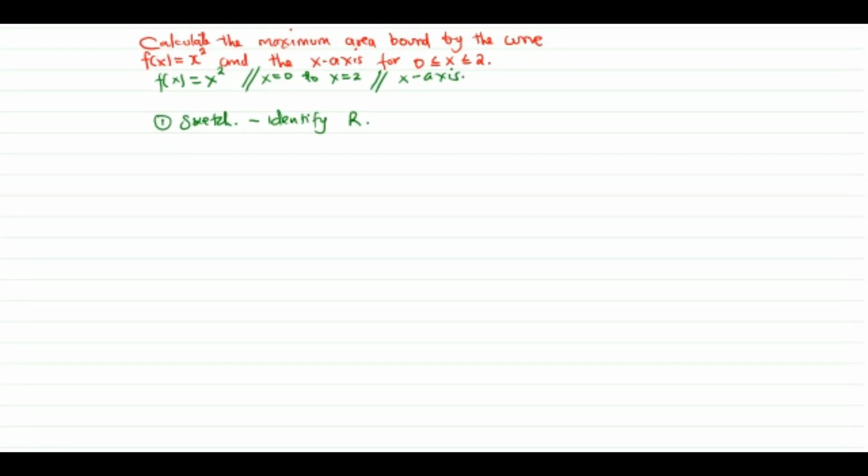I want to call that R, to identify the area of interest. After sketching, we are going to calculate the area, and this calculation is going to be by way of integration. So two basic steps there: sketch to identify the area of interest and calculate by integration.